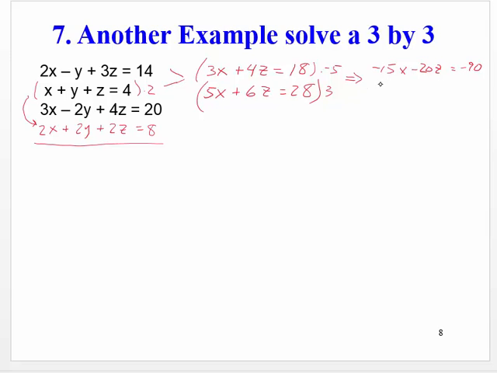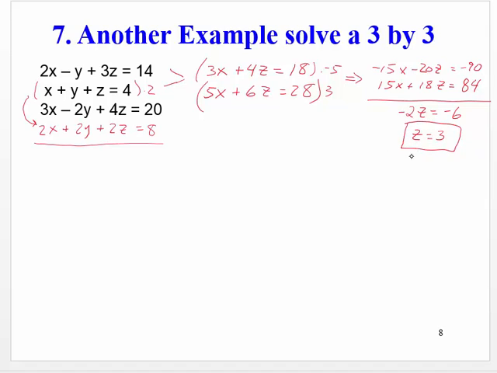Multiplying this one by 3, 15x, we see those will eliminate, plus 18z is equal to 3 times 28, which is 84. And now if we just add these up, those go to 0, eliminate, minus 2z is equal to minus 6, and z is equal to 3.